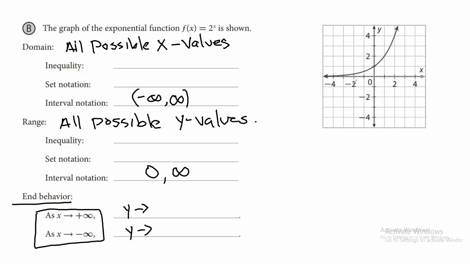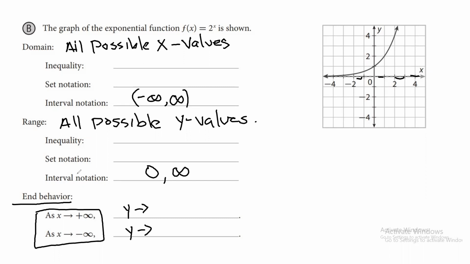There's a dotted line right there, right, on your x-axis. That's your asymptote. That means that it's never going to cross that line, okay? So it's never going to cross 0, all right?